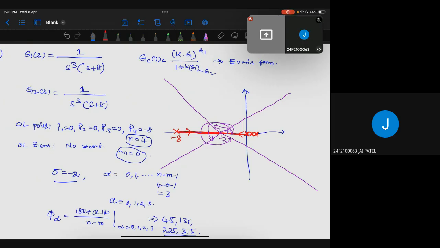Out of these three poles, two will hit at a nearby location near the zero. One will go like this, another will follow this asymptote. There will be another pole left. That pole will travel like this, opposite to that -8 pole. They both will hit at this point. The -8 pole will go like this, and the other pole will go like this. Is it clear?